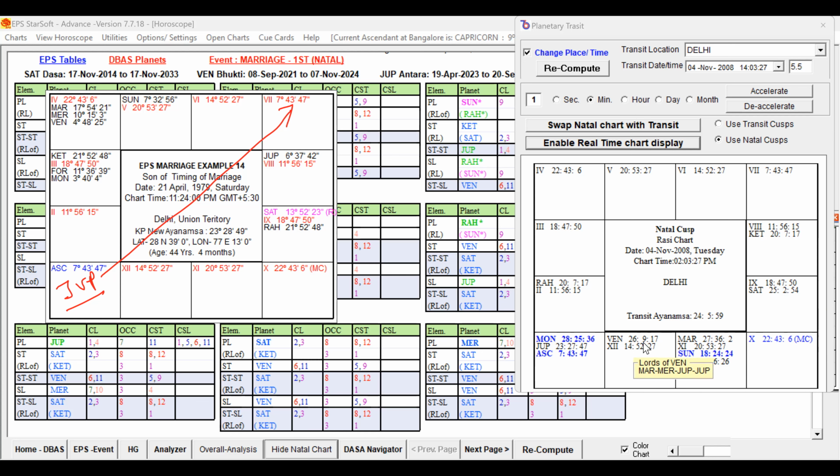So you can see Saturn is playing a strong role, though it is 8 and 12 cuspal significator. 8th occupant, 8 and 12 cuspal star lord, but being the Saturn second lord and third lord, and also conjoined with the Rahu, a strong favorable key planet, a good key planet, seventh cuspal sublord also, it is adding strength, right?